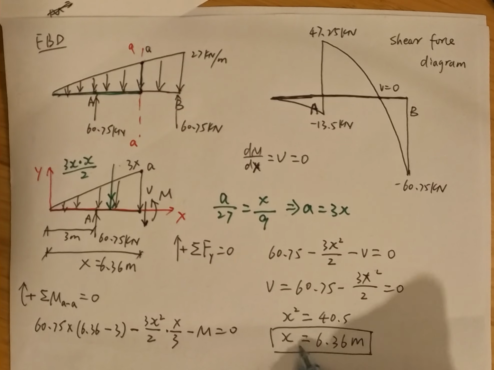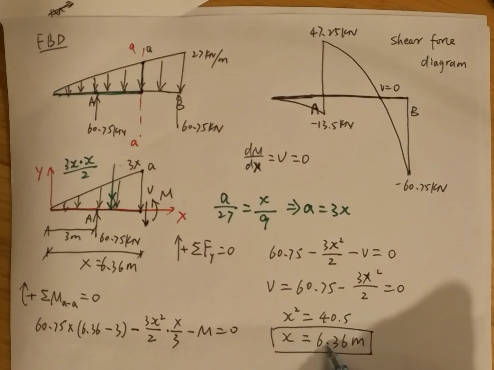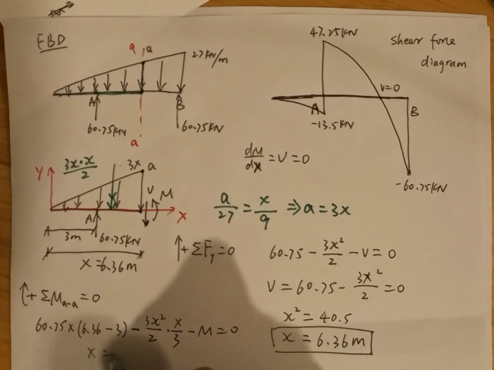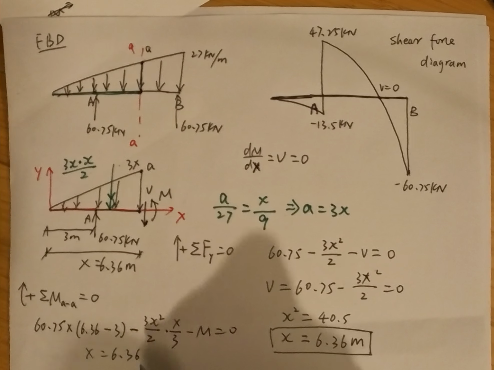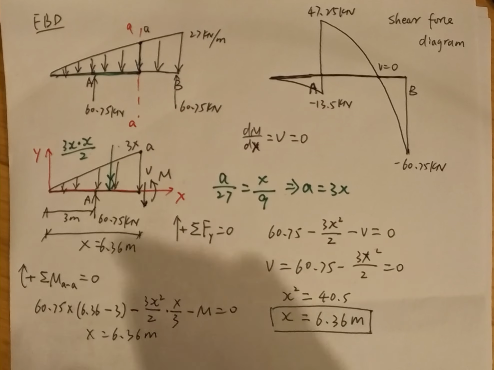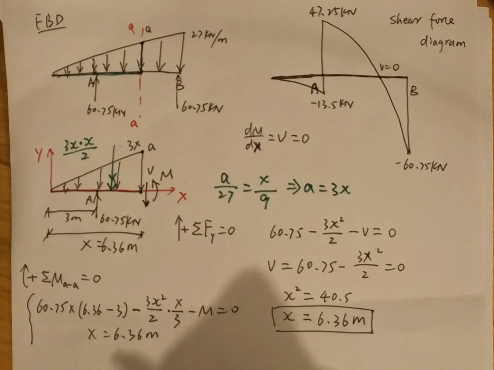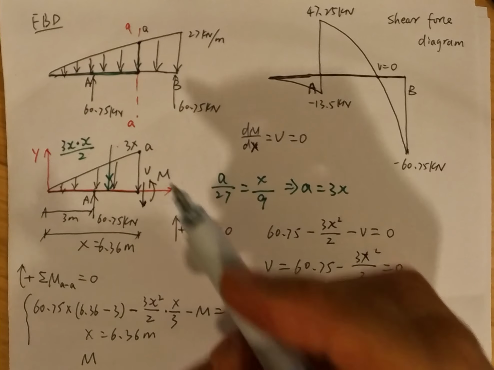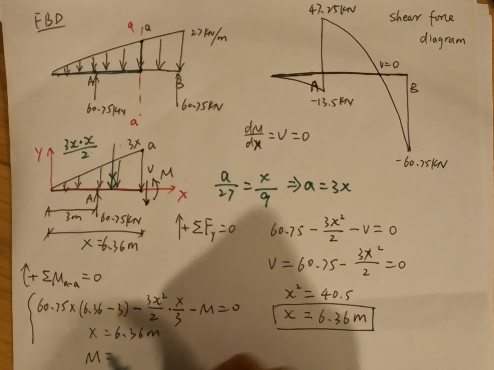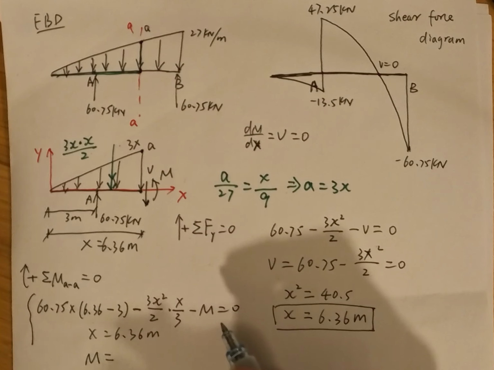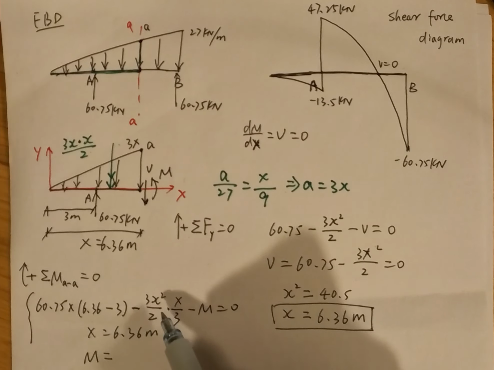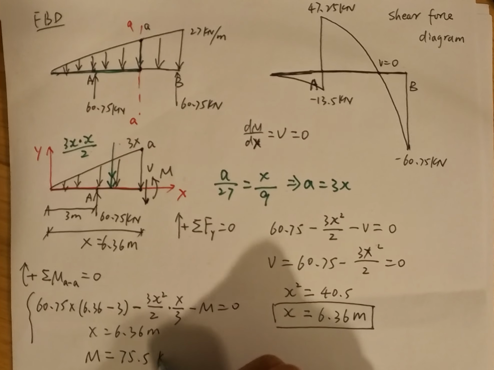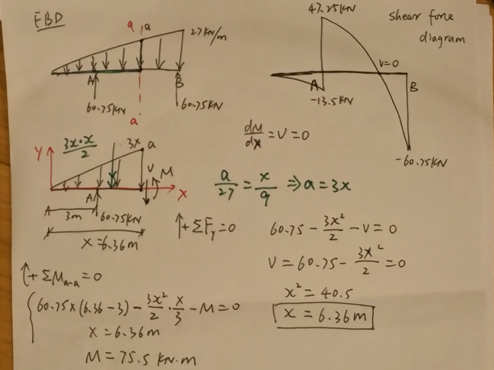We know x is equal to 6.36 meters. Then based on these equations, we can derive the bending moment of this section. After some calculation, we find the result is equal to 75.5 kilonewton meter.